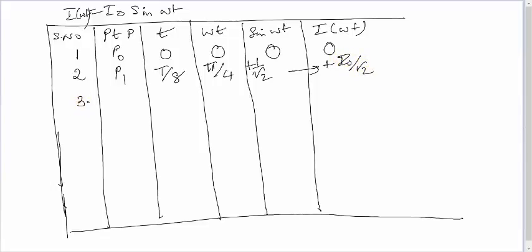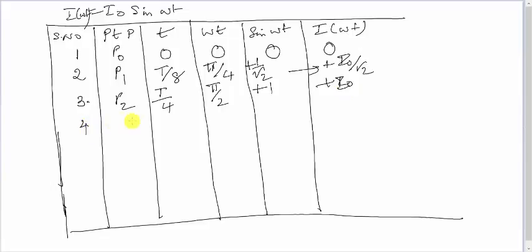The third one will be P2. Then it will be 2T by 8, which will be T by 4, and omega t will be pi by 2, and this will be plus 1, and this will become plus I naught, the amplitude value.